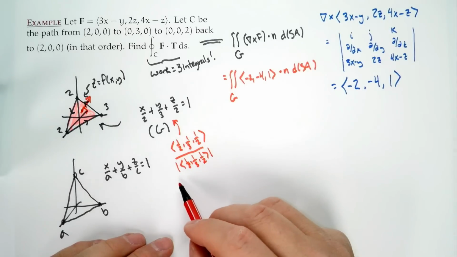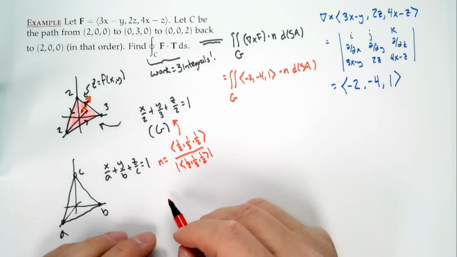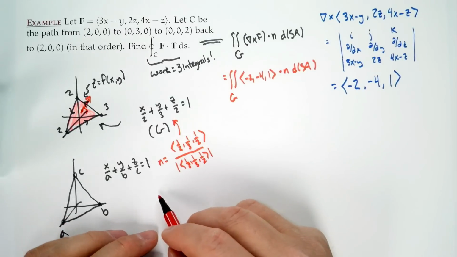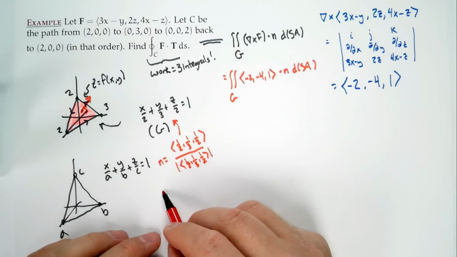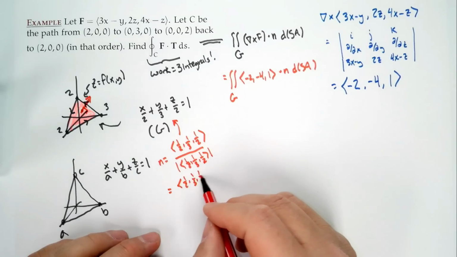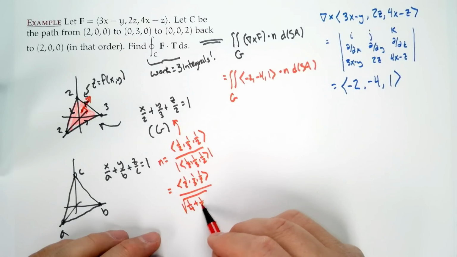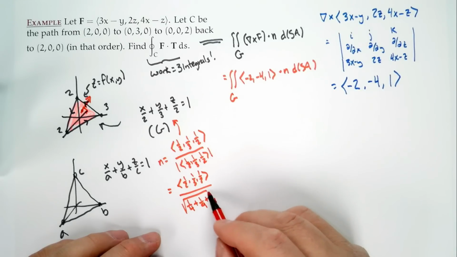If we do this, we're already halfway there, might as well finish. So we get <1/2, 1/3, 1/2> divided by the square root of 1/4 plus 1/9 plus 1/4.